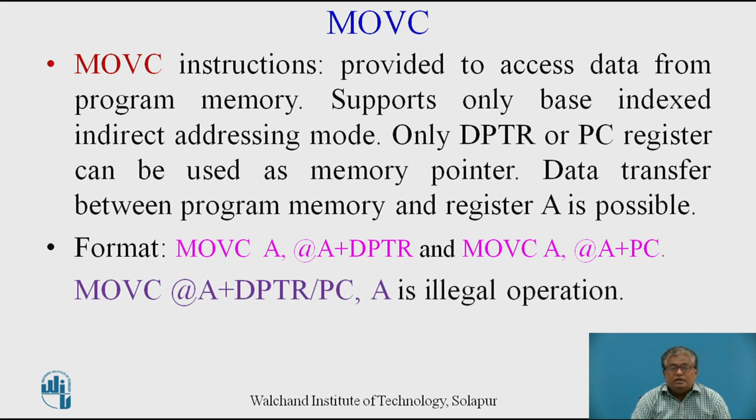The instruction MOVC @A+DPTR/PC, A is an illegal instruction, because MOVC is to be used to access the data from program memory, and basically the program memory is of ROM type. That's why we cannot write the data in the ROM type memory, that is the program memory.